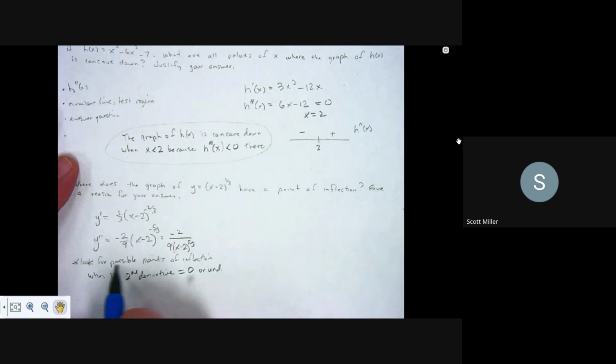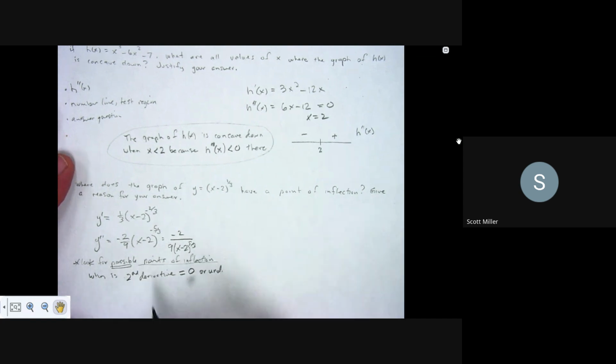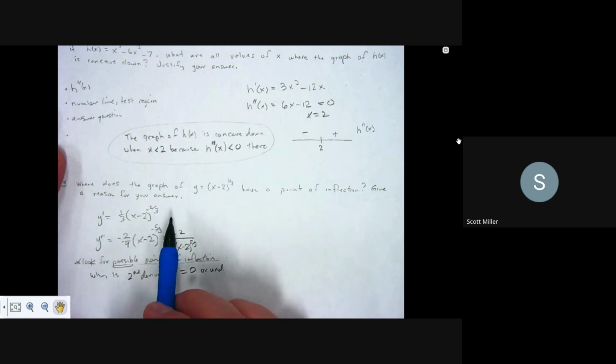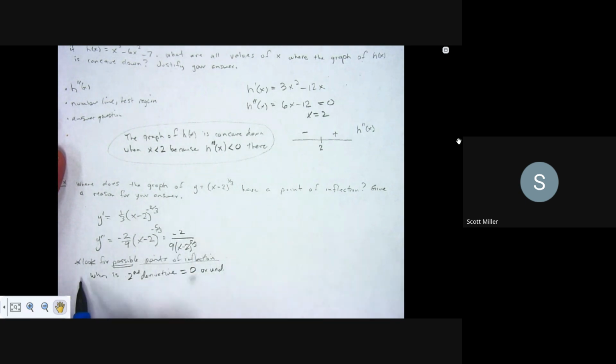Now again, possible points of inflection. These are not points of inflection, these are possible. When you set the first derivative equal to 0 or undefined, those are called critical points. Those are critical points, all of them. These are just possible ones.